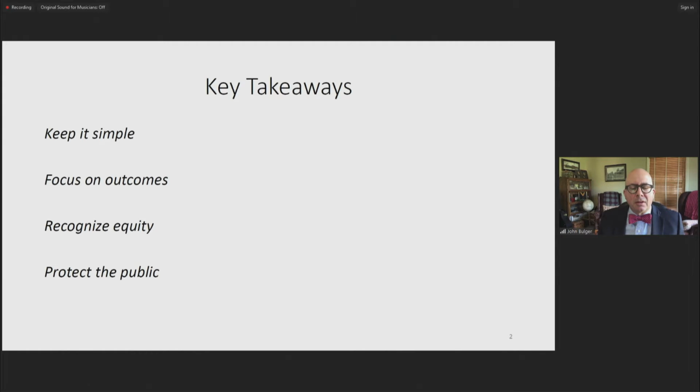And lastly, I think the goal of measurement in total cost of care programs is to protect the public. And in my days at NQF, we talked a lot about the use of measures. And I think the use becomes very important. So the question is, are you using them for reporting, or for improvement, or for accountability, or for payment?